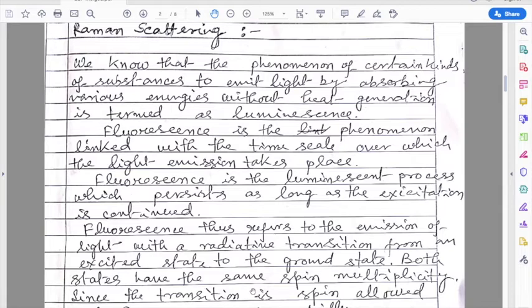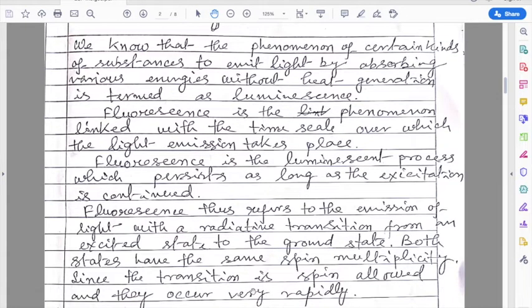Now we discuss fluorescence. It is the phenomenon linked with the time scale over which the light emission takes place. Fluorescence is the luminescent process which persists as long as the excitation is continued.